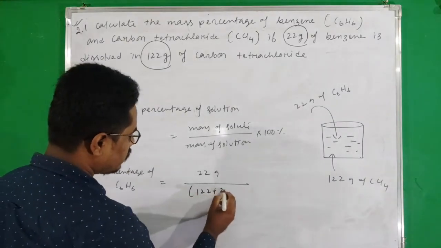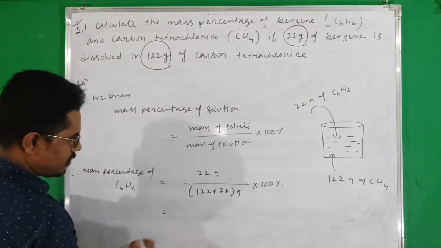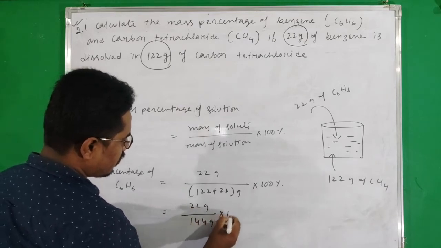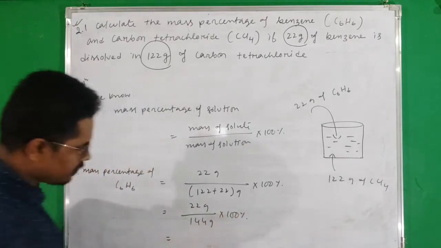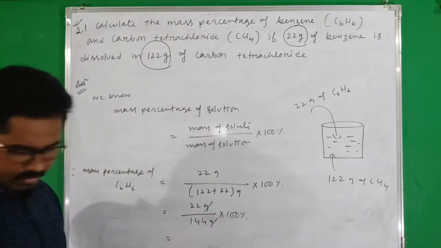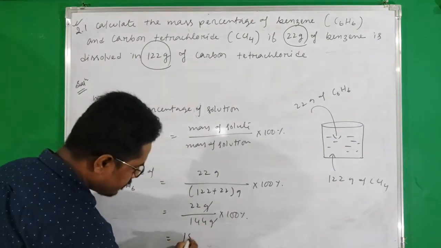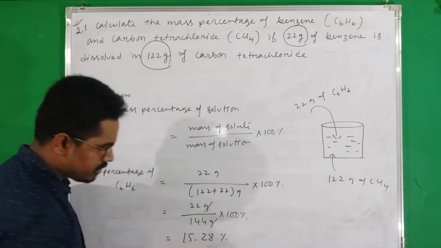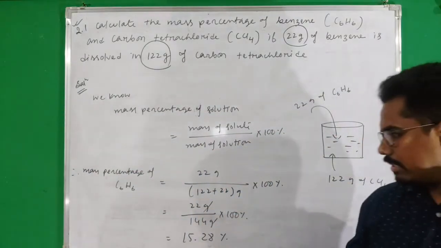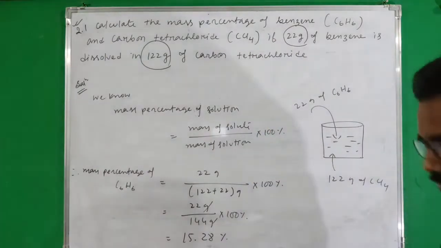Therefore 22 gram divided by 144 gram into 100%, gram will be cancelled out, and the answer is 15.28%. So therefore the mass percentage of benzene is 15.28%.